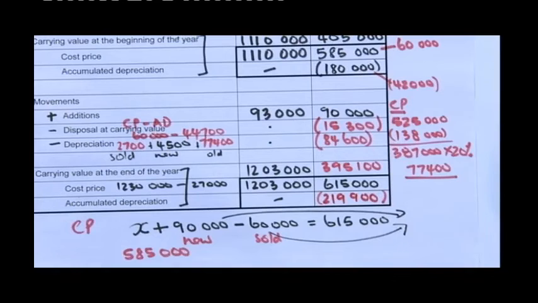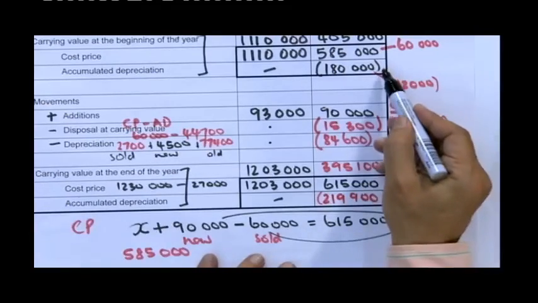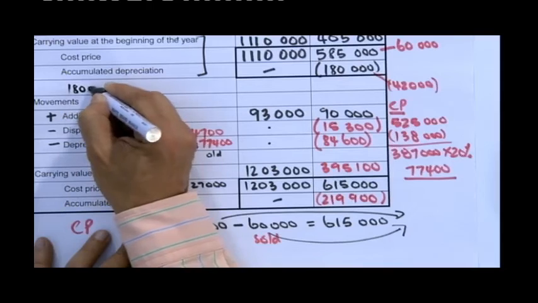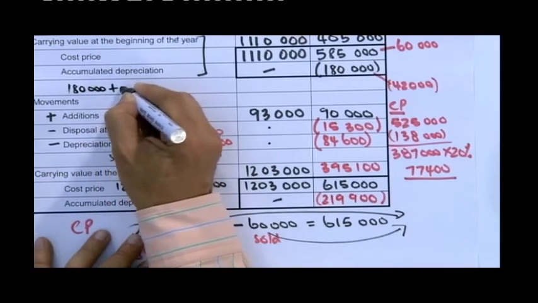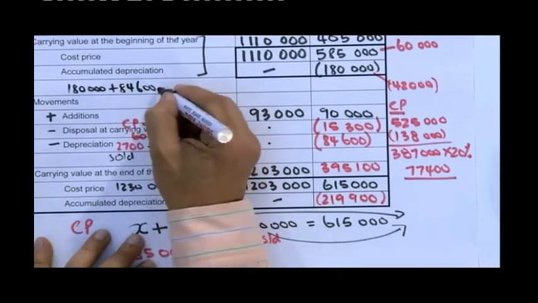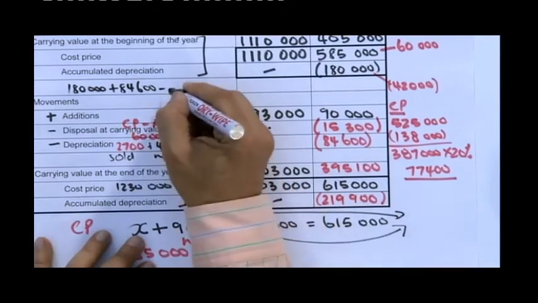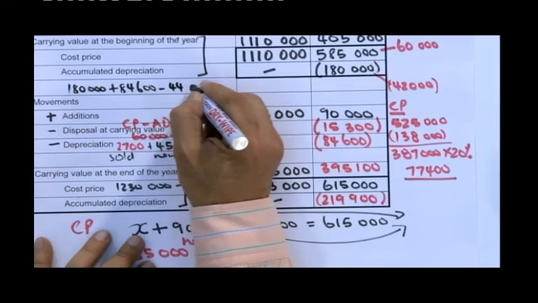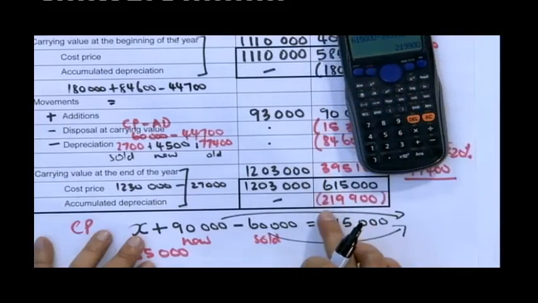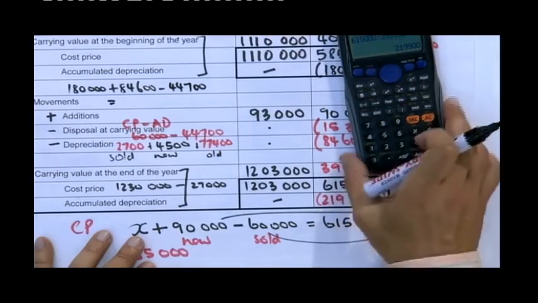Or what we could have done was take the 180,000, in other words the accumulated at the beginning of the year, add all the depreciation of 84,600, and minus all the accumulated of the item that was sold, which was 44,700, and then we should get the same answer of 219,900.